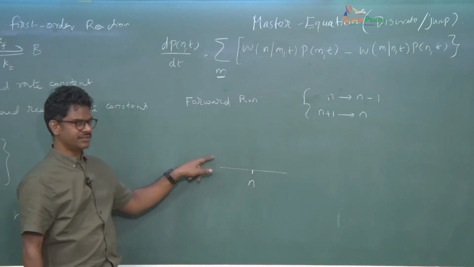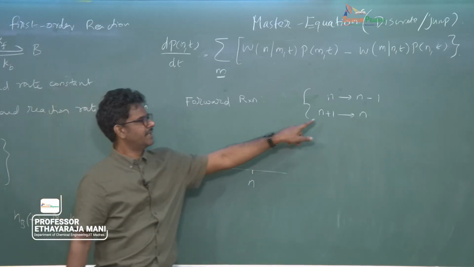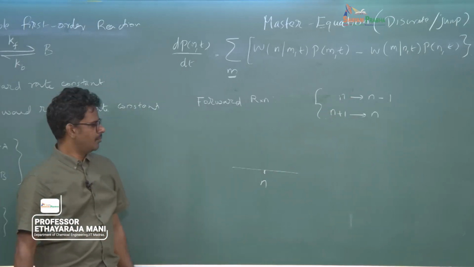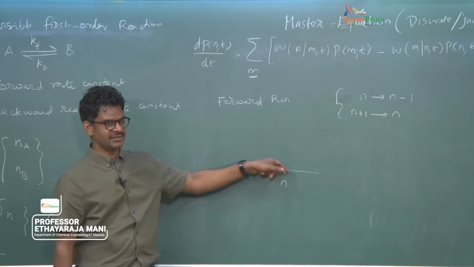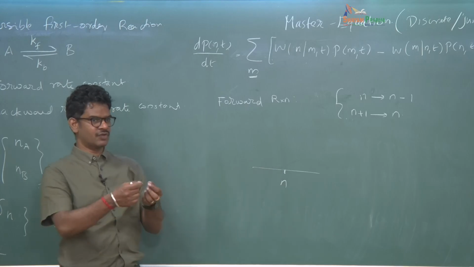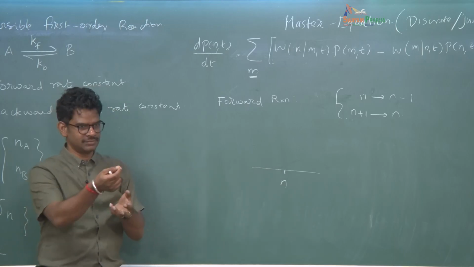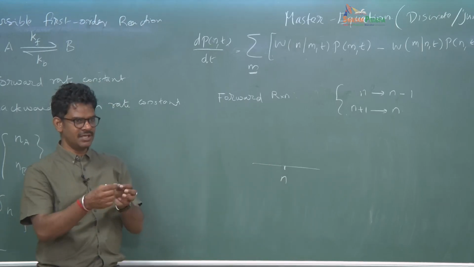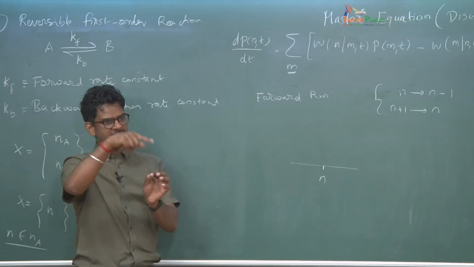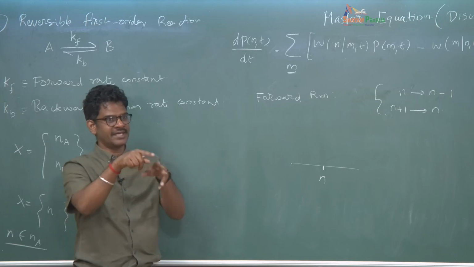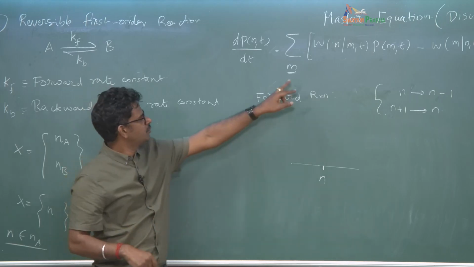So you have to look at only this, n to n minus 1. But there is a process, a state may be at n plus 1 and it can go to n, that is a creation, okay. When we talked about the previous problem, random jump, we looked at n and saw what are the processes that affect n itself. It can be jumping away or jumping to, all that has to be discussed, and that should be summed over.